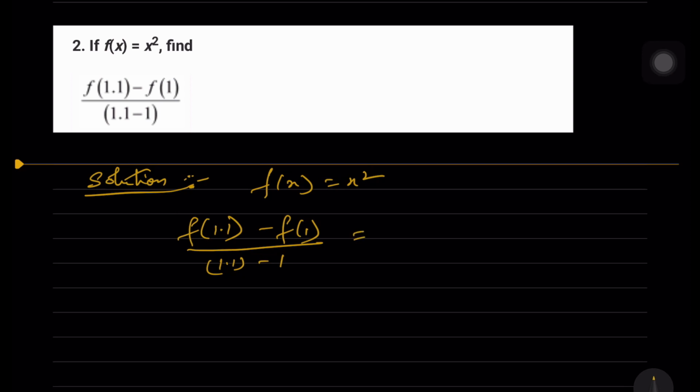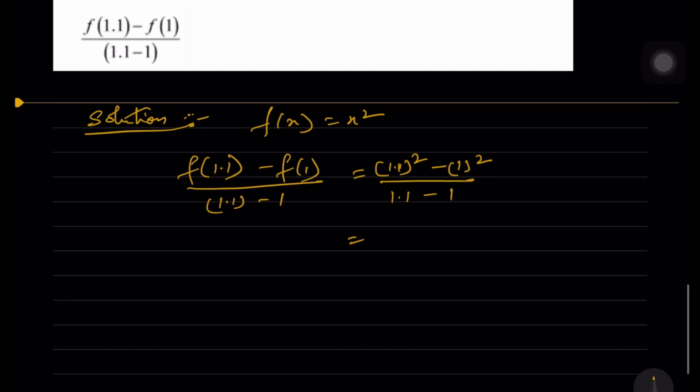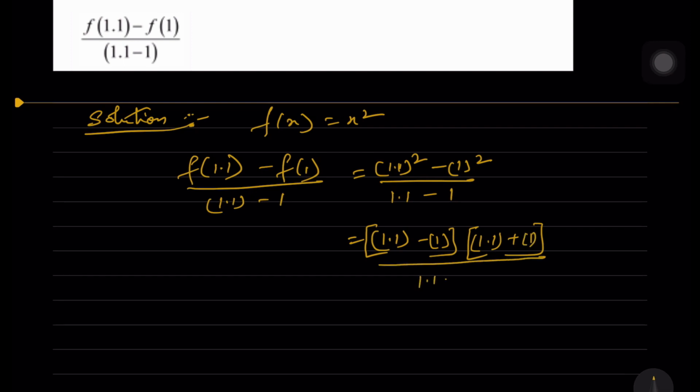This can be written as f of 1.1, which is nothing but 1.1 whole square minus 1 whole square, divided by 1.1 minus 1. Here this is a square minus b square, which you can write as a minus b into a plus b, divided by 1.1 minus 1.